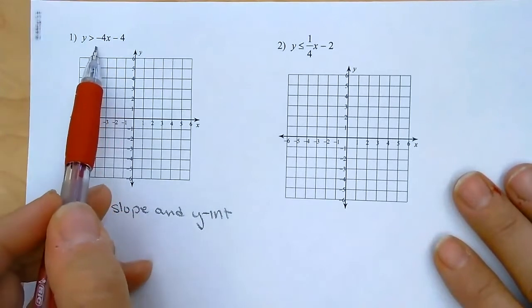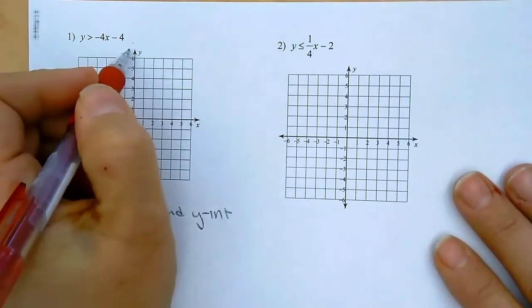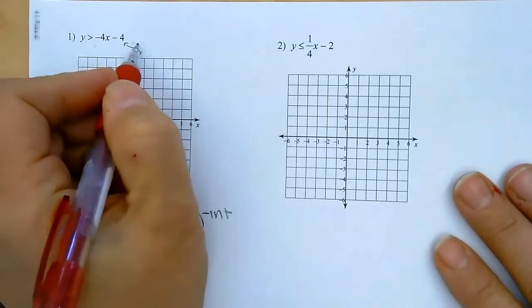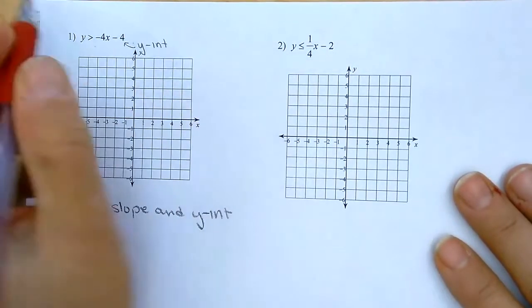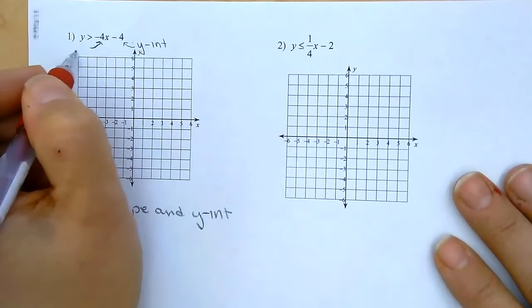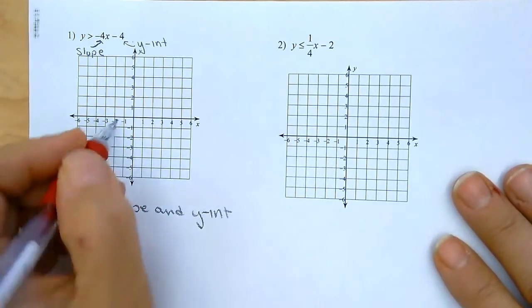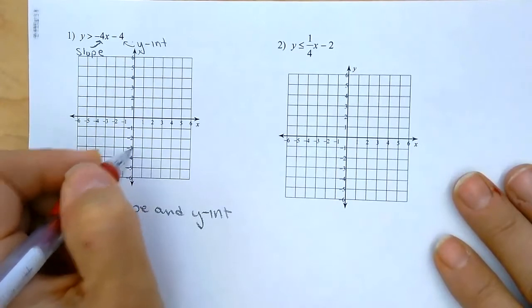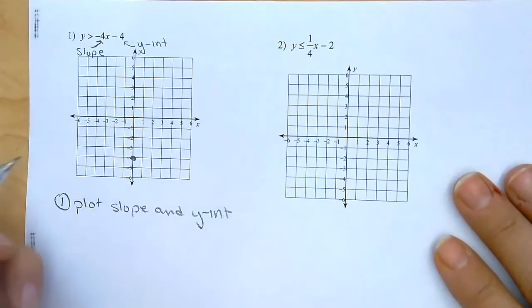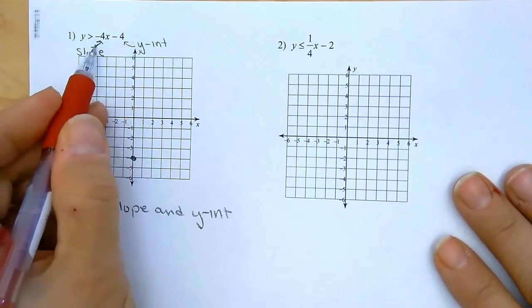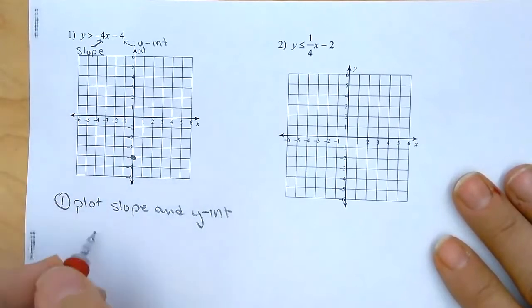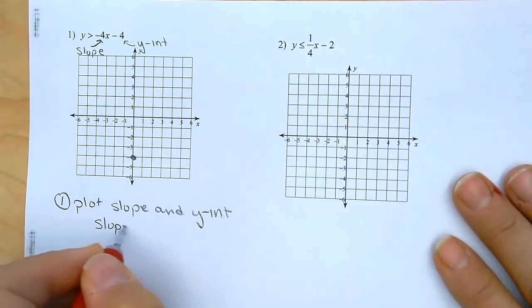So using our equation right here, remember that this is my y-intercept, and the -4 here is my slope. So I'm going to go to -4 on my y, and put a dot. Now my slope is -4, but remember that slope is always rise over run.